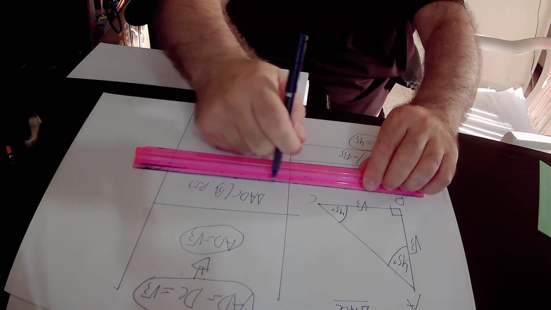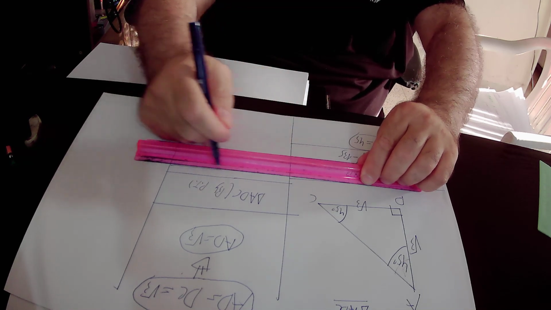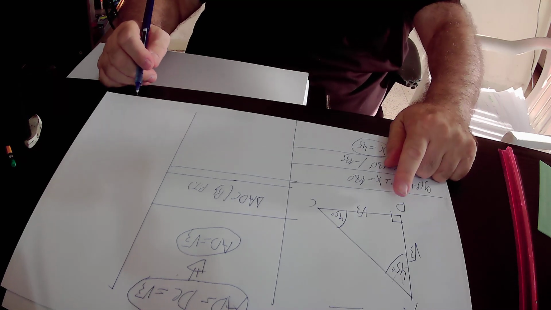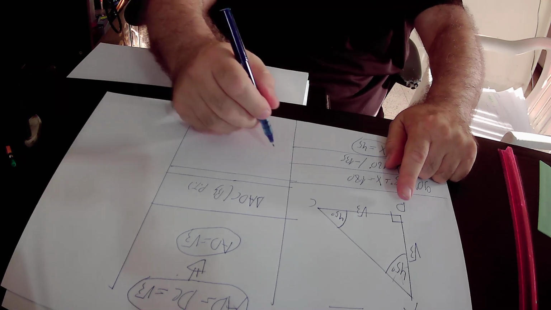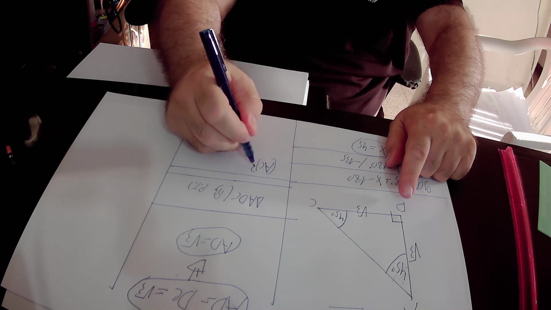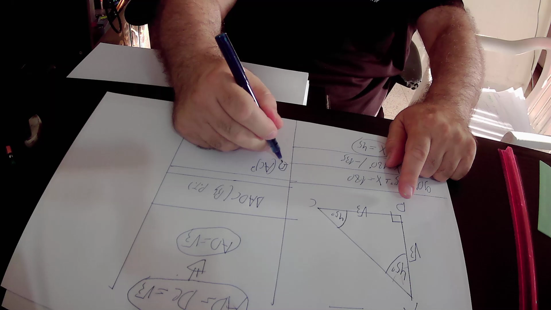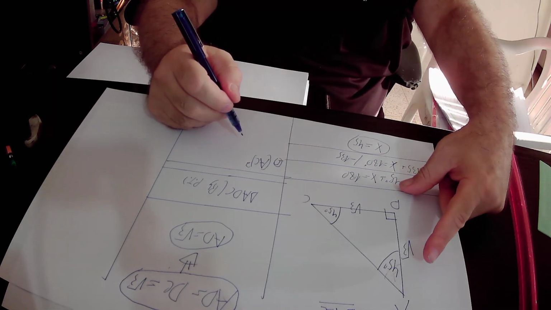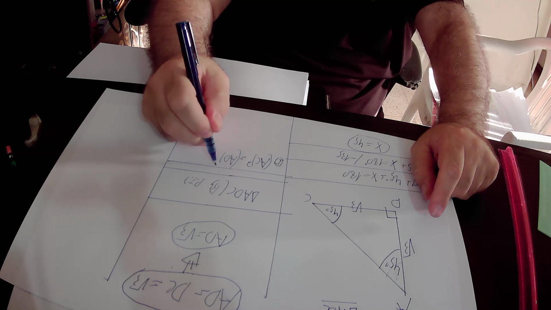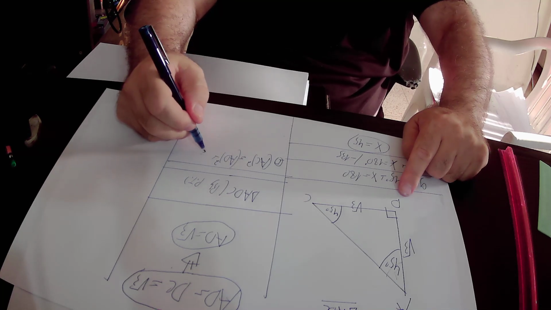According to the Pythagoras theorem, the square of the hypotenuse equals the sum of the squares of the perpendiculars. The hypotenuse is AC, so AC square must be equal to AD square plus DC square.